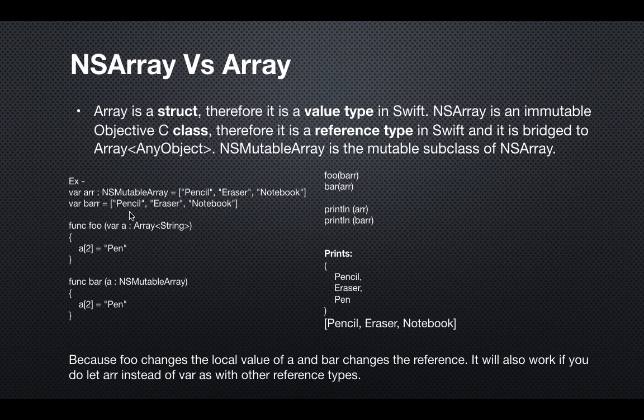Bar will have a different copy, and this array will have a different copy, which we are passing in the foo function. So in the array, which is a struct, which is value type, the value will not change. Notebook will stay notebook, okay, it won't change.